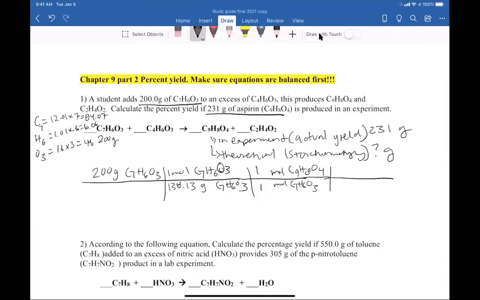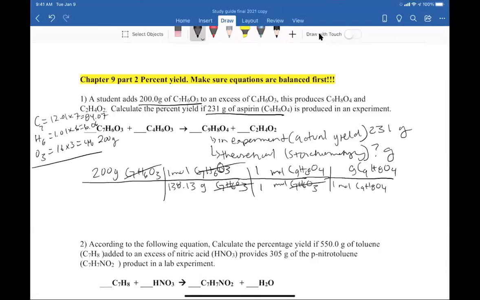We keep going, and now we want the mass of that C9H8O4. So because we want to get rid of moles, 1 mole of C9H8O4 is going to go at the bottom, sorry, and then the mass in grams of C9H8O4 is going to go at the top.